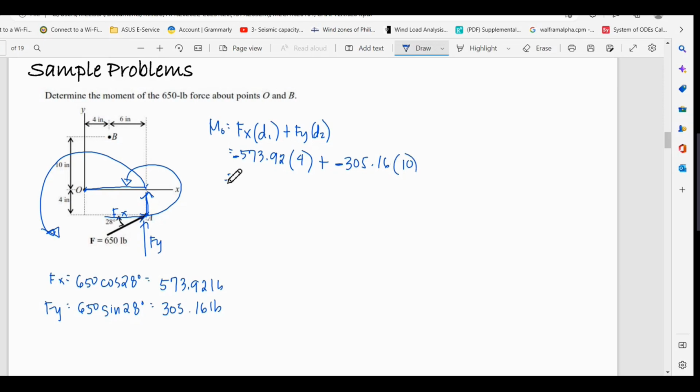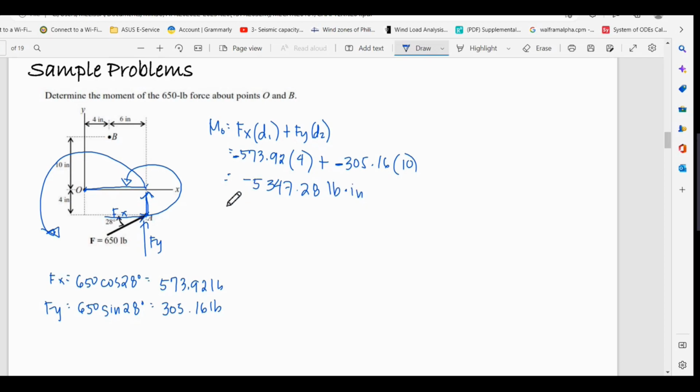So, it is equal to negative 5347.28 pounds inches.